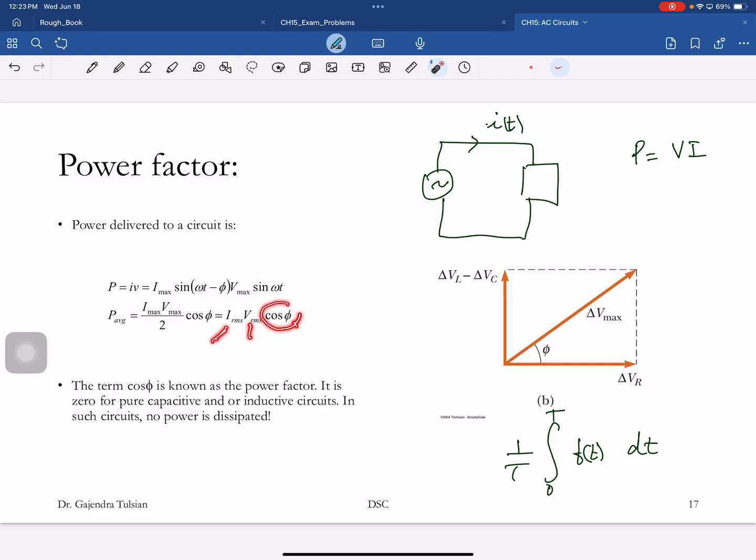Phi is pi by 2 when this was an inductor or a capacitor, it was plus or minus pi by 2. So cosine phi was 0. No power was being delivered to that circuit. This could be a city, and if phi is minus pi by 2 or pi by 2, it'll be in the dark.